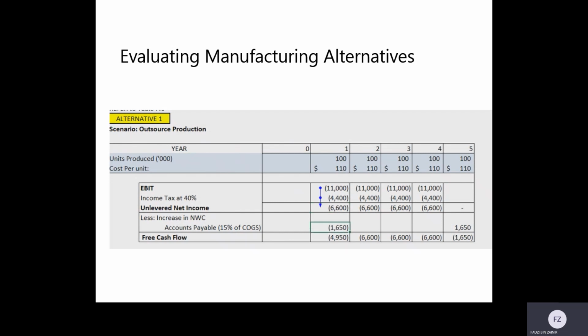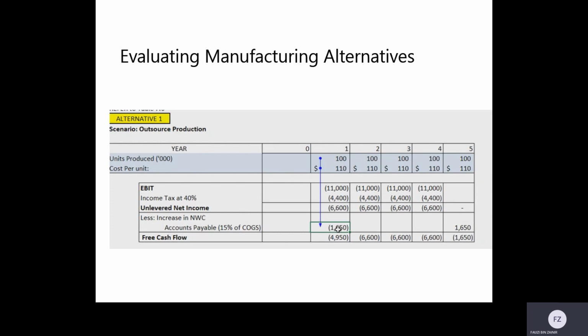Your accounts payable here is basically 15% of the amount here, or 15% against 11 million, so you get 1,650.